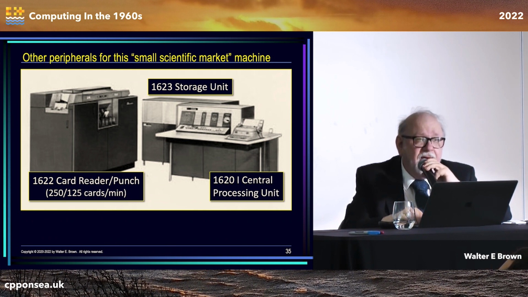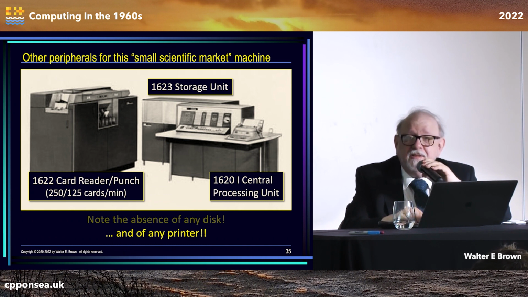But nonetheless, we had a card reader and punch, which is really 2 machines under one dust cover. The console itself, and what we called an expansion cabinet, the storage unit. Please notice there's no disk inside. There's no printer inside either. You had the console typewriter if you needed printed output at about 10 characters per second.